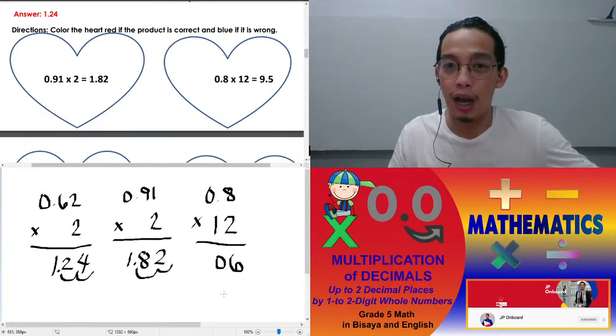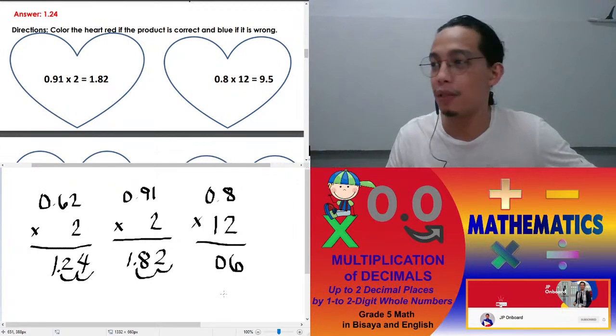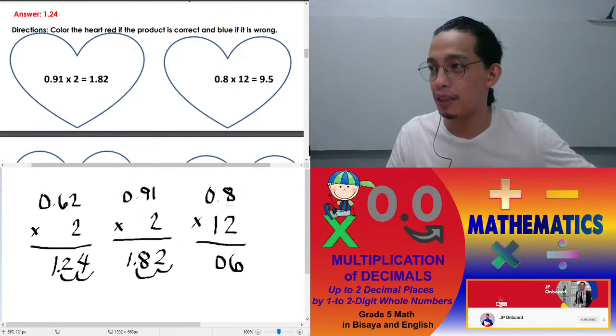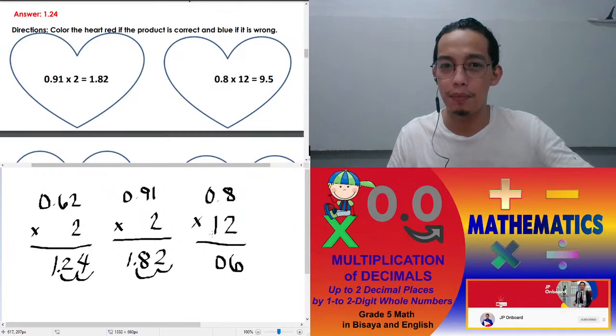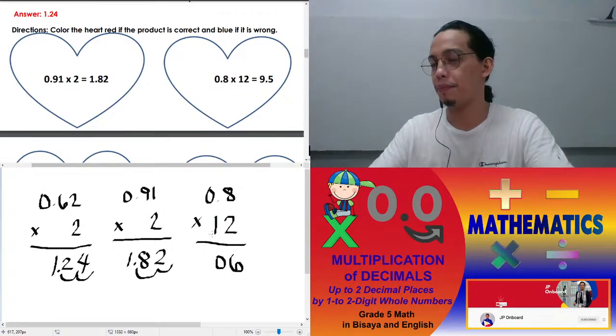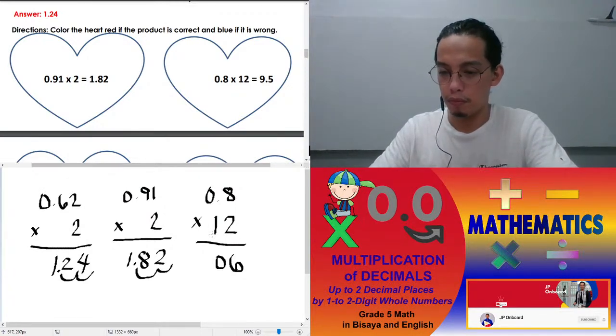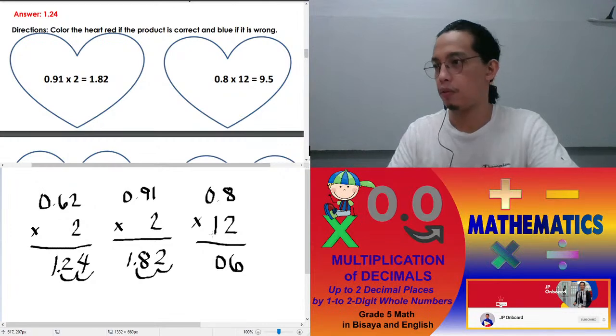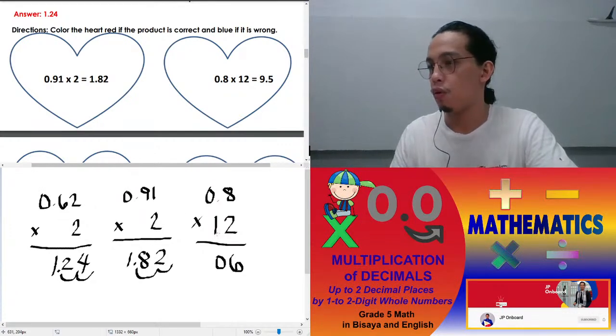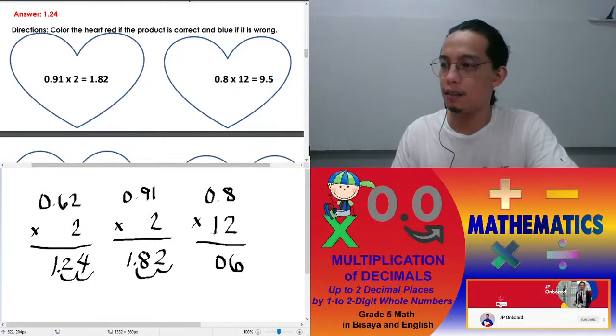But we move ato ang column sa next column na 1 times, wait lang, ha? 1 times 8 is 8.